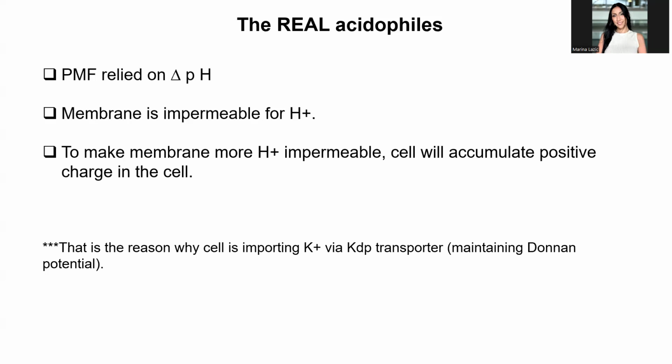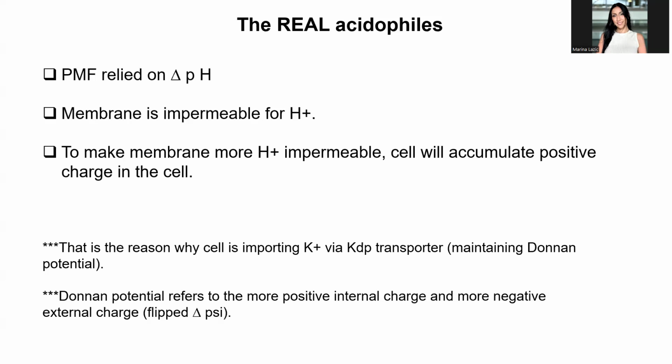That is why we see flipped membrane potential in real acidophiles: more positive inside than outside. This is very important. Donnan potential refers to that flipped delta psi, more positive internal, more negative external, and that's done through potassium import usually.